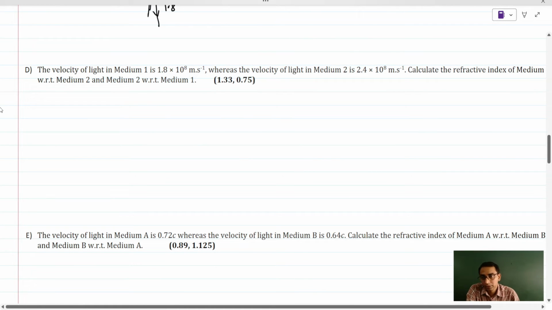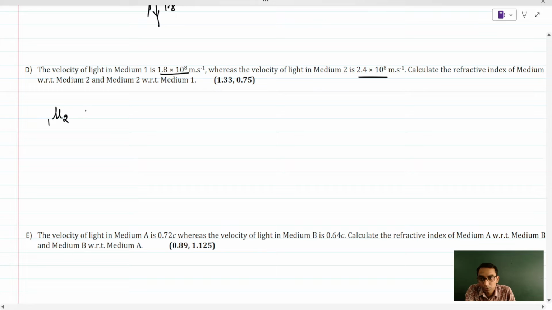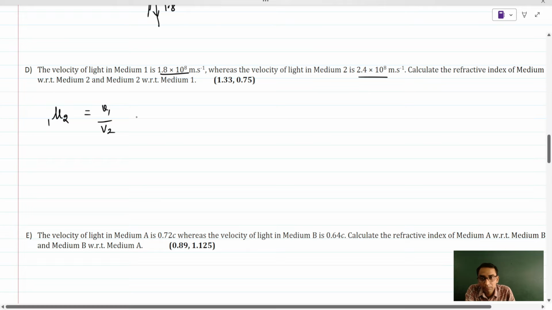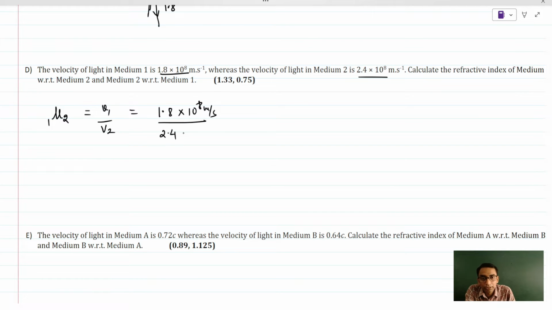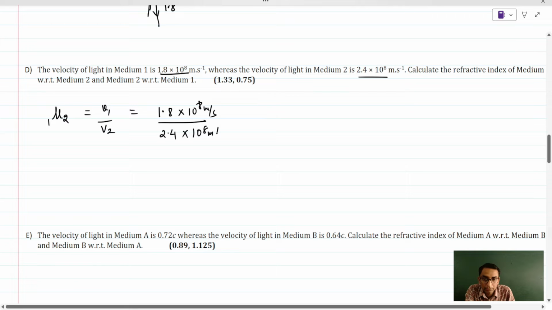Next question. Here we are given that in medium 1 this is the speed, in medium 2 this is the speed. Refractive index of 2 with respect to 1 is always speed in medium 1 upon speed in medium 2. So plugging in the values, 1.8 into 10 raised to 8 meter per second and 2.4 into 10 raised to 8 meter per second, getting cancelled.